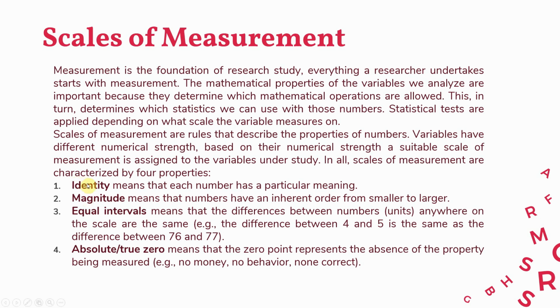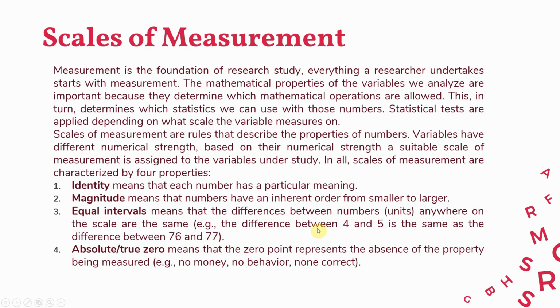Now, what does identity mean? Identity means that each number has a particular meaning. Magnitude means that numbers have an inherent order from smaller to larger. Equal interval means that the differences between numbers, that is units, anywhere on the scale are the same.